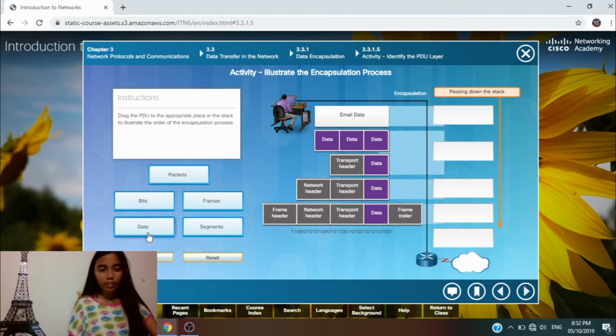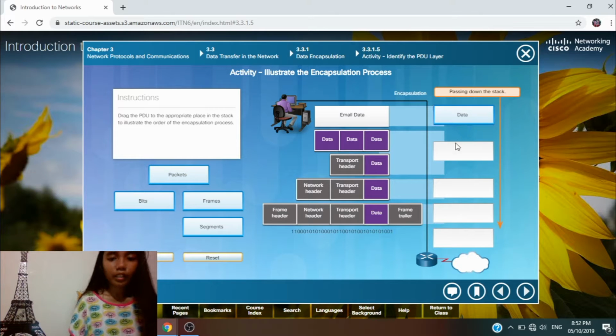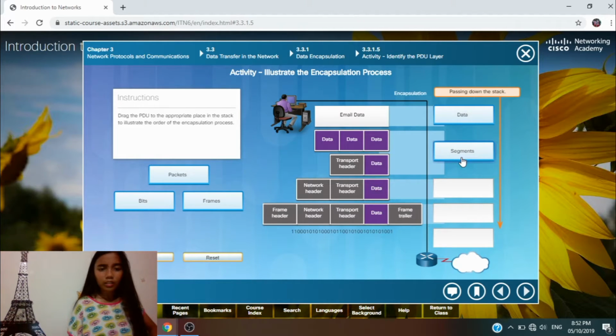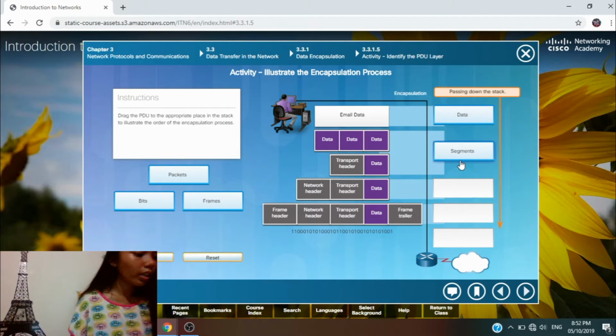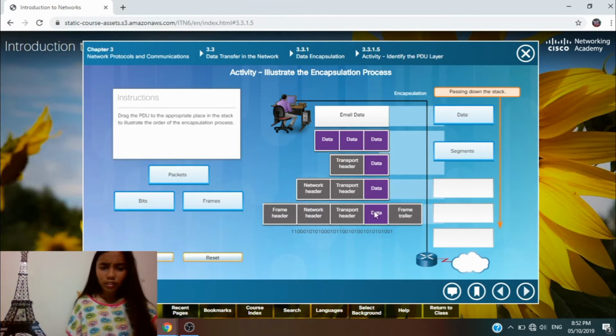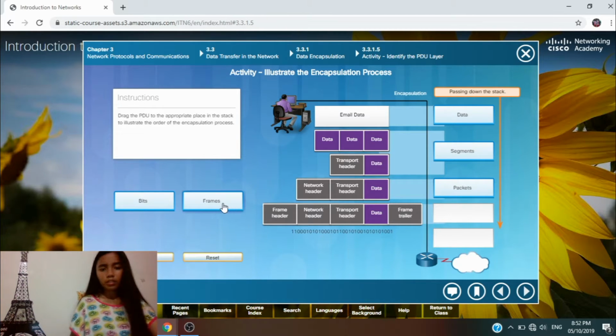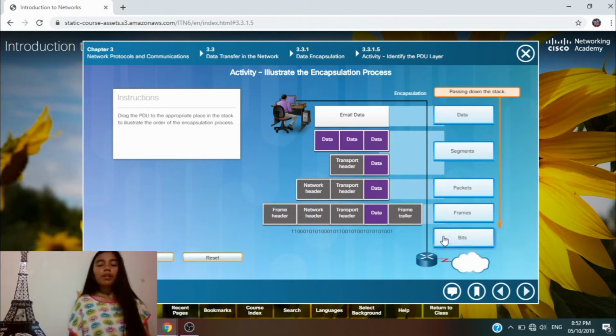So first one is data. The second one is segments. And the third one is the packets. And the fourth one is the frame because of the keyword again. There's a frame, and the last one is the bits.